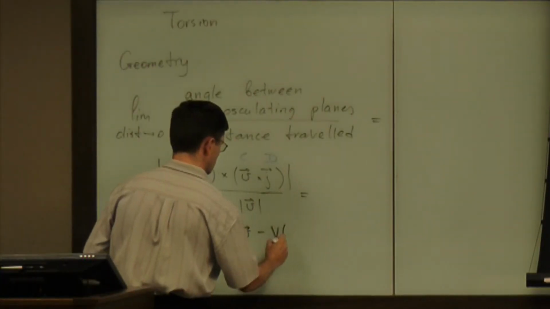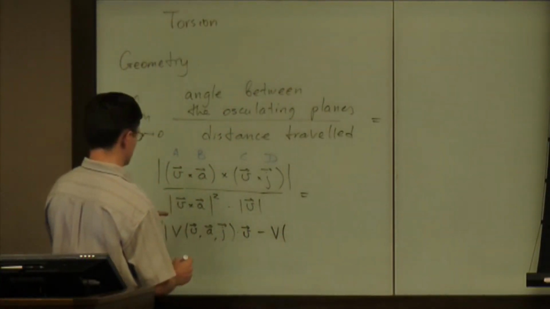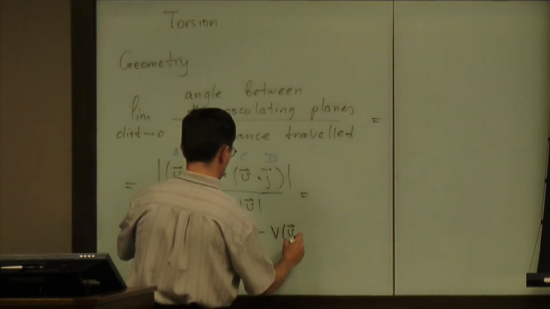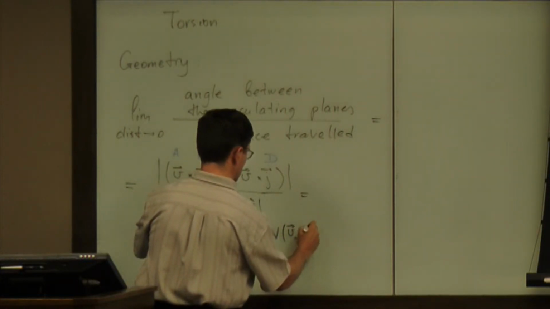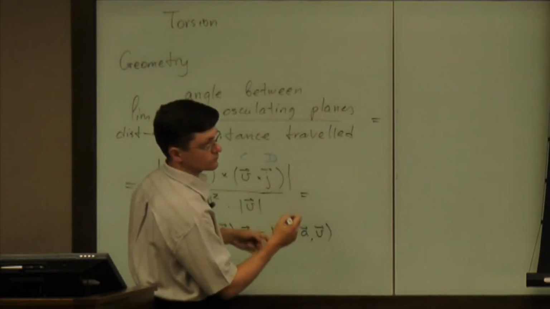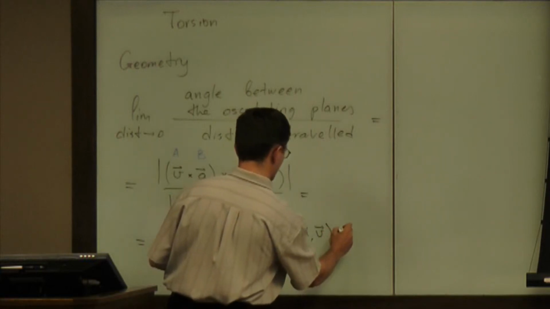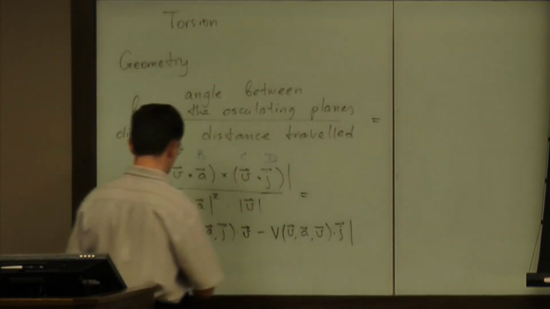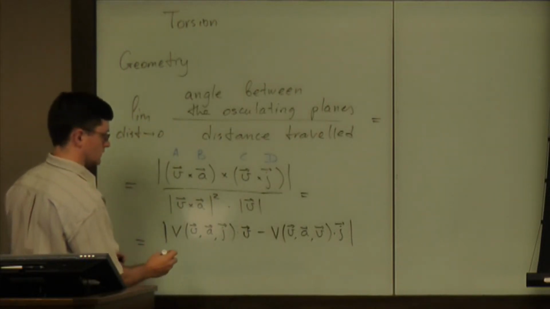Volume on A, B, and C. Now we have V, A, and V. And that volume needs to be multiplied by jerk. And we have to take the magnitude of that difference.